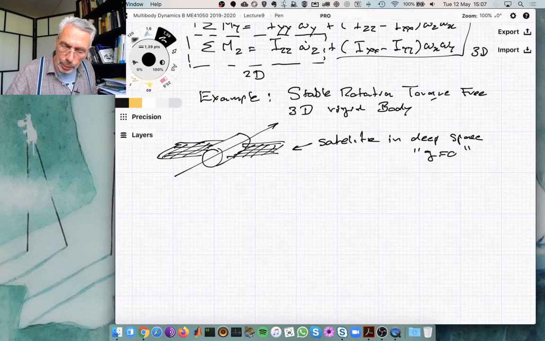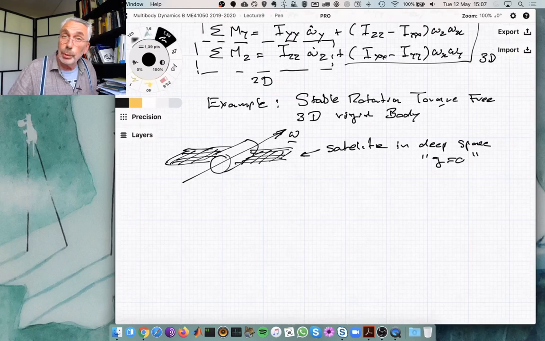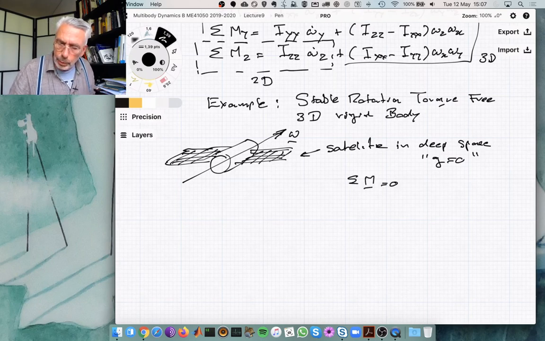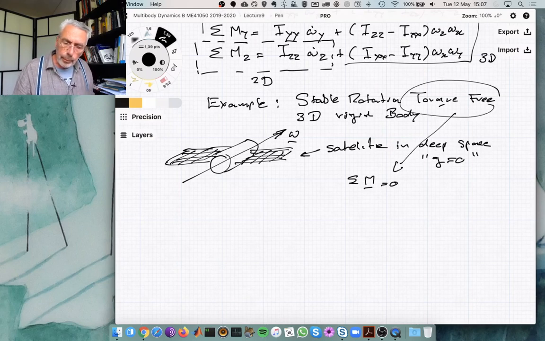So let's presume it's rotated about this axis with some omega. And then there are no torques, right? Because it's in deep space, no gravity. There's also no solar wind or drag or whatsoever. So the sum of the torques is really 0. That's what I mean by torque free. And then the question is, is this stable?